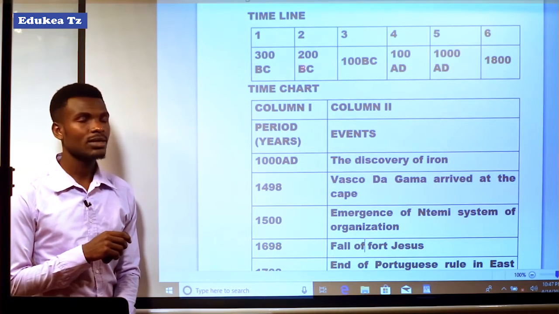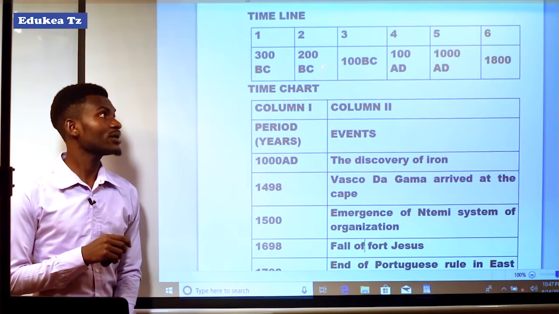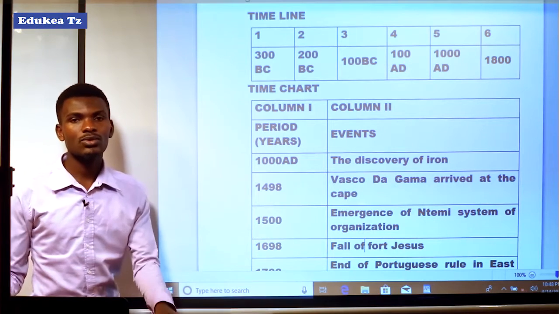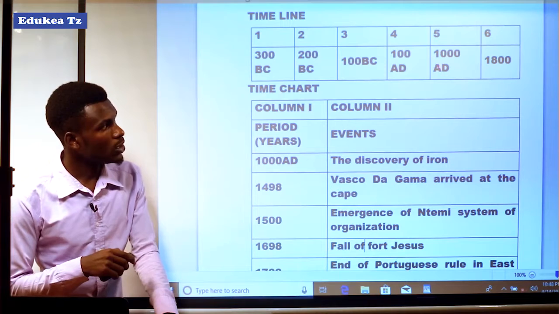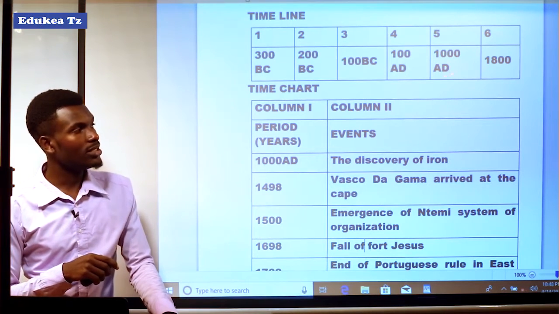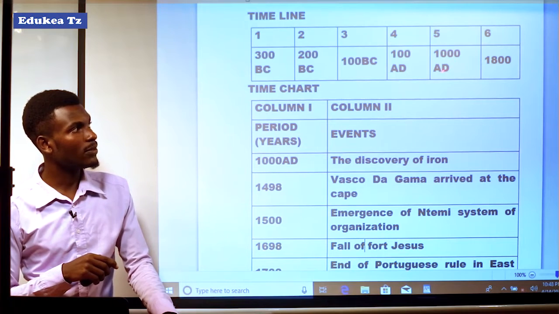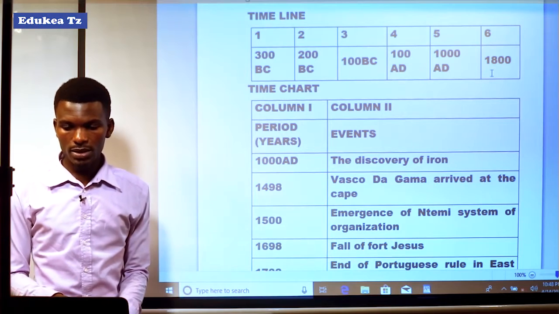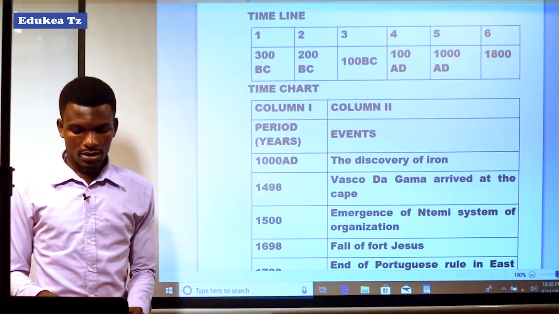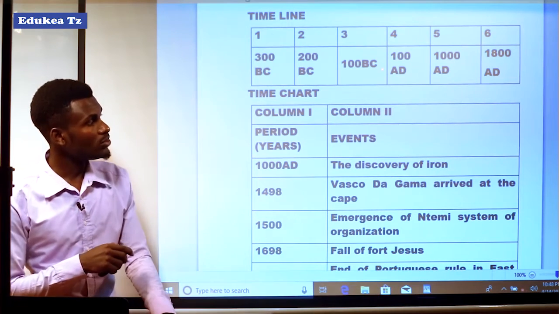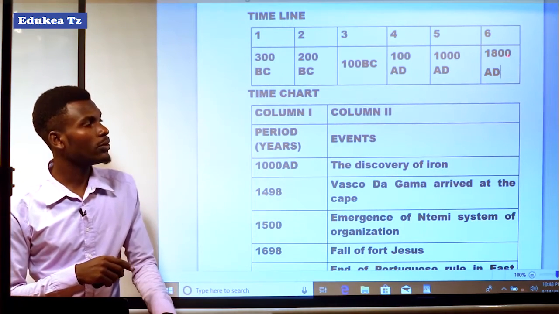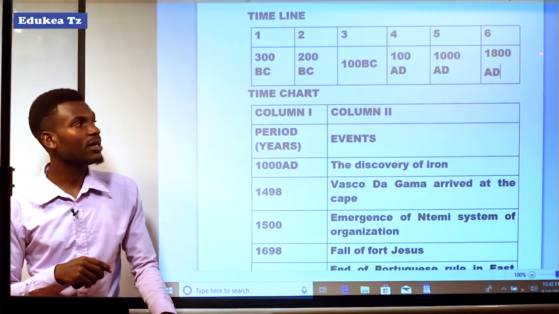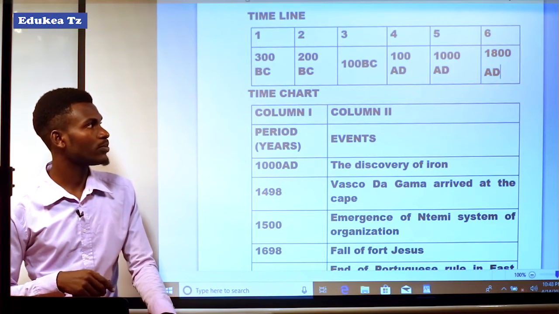Here at the back, it is before the birth of Jesus Christ, while from number 4 there is AD, whereby Jesus Christ was already born. But also there is 1000 AD after the birth of Jesus Christ, and 1800 AD, after the birth of Christ, or Anno Domini.